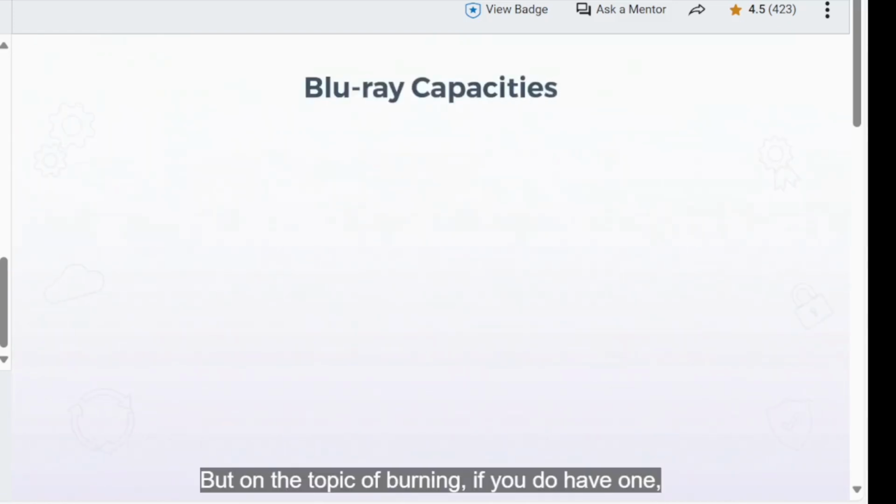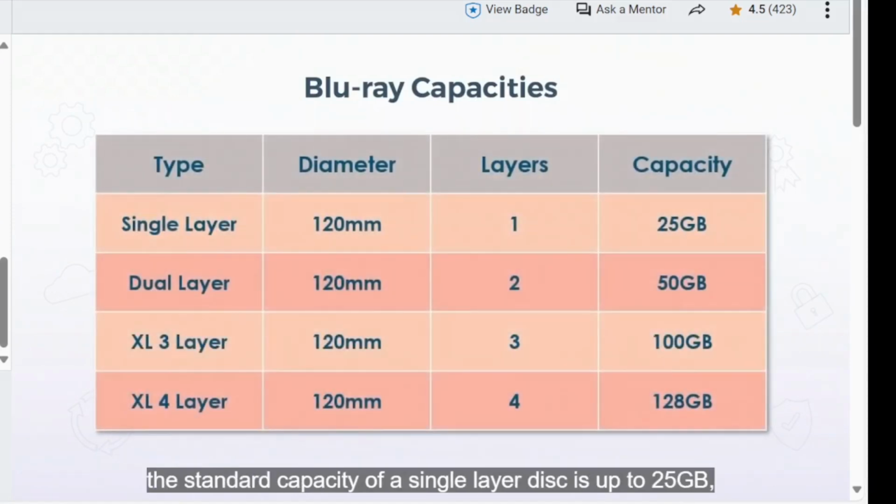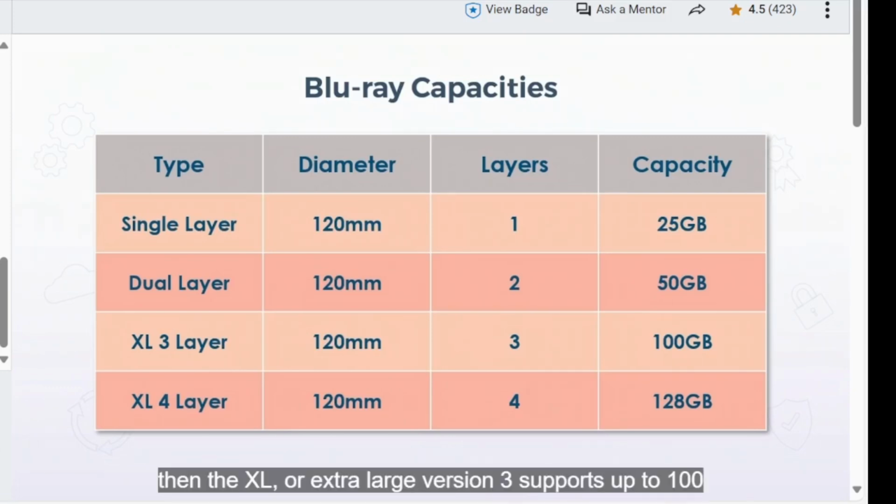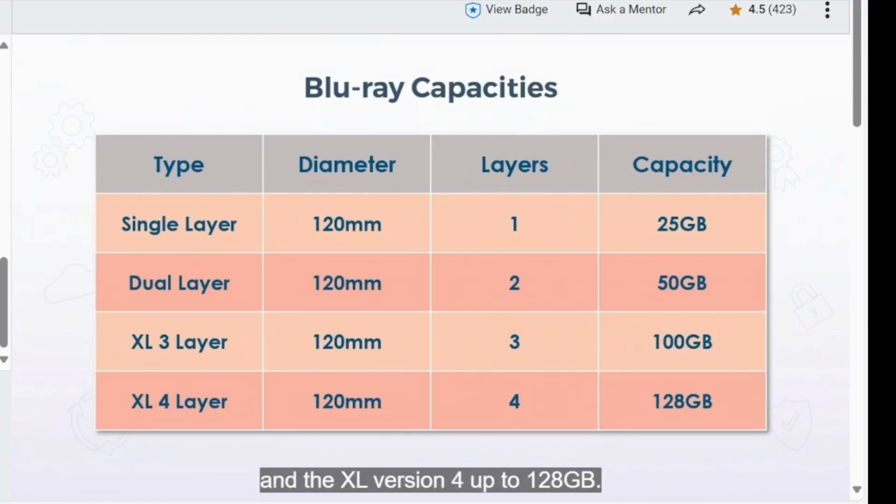But on the topic of burning, if you do have one, the standard capacity of a single layered disc is up to 25 gigabytes, which even in its initial format improves upon the maximum capacity of DVD, but Blu-ray only implements additional layers as opposed to multi-sided discs. So a dual layer supports up to 50 gigabytes, then the XL or extra large version 3 supports up to 100, and the XL version 4 up to 128 gigabytes.